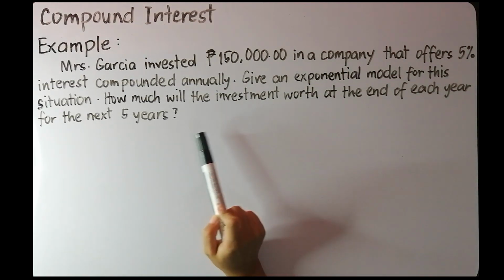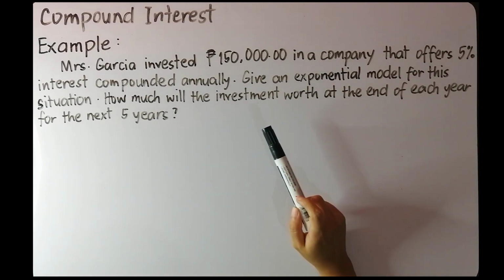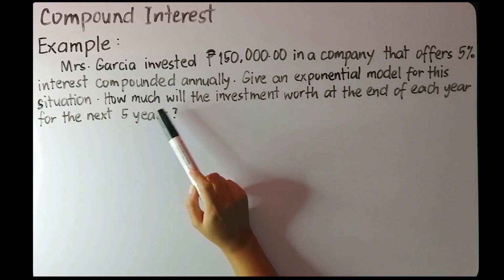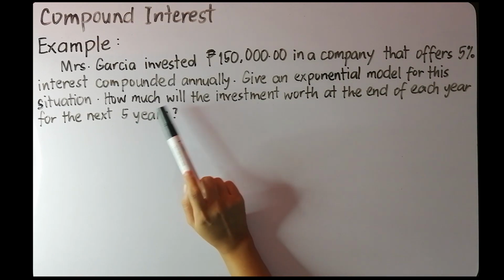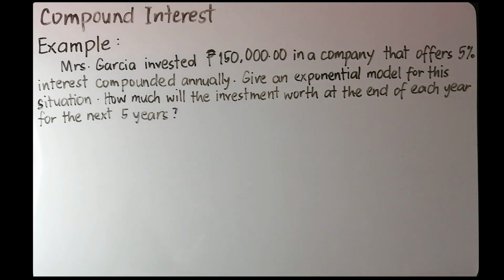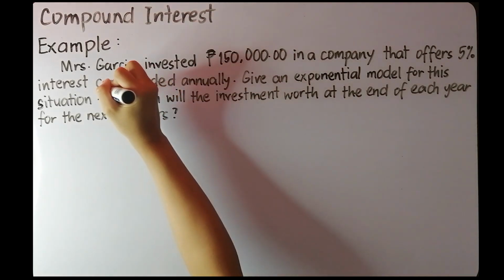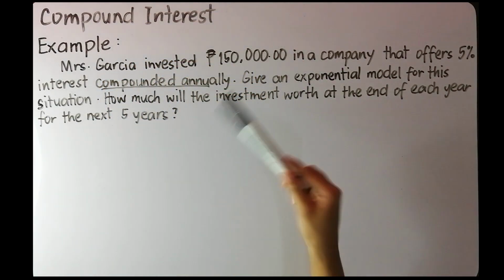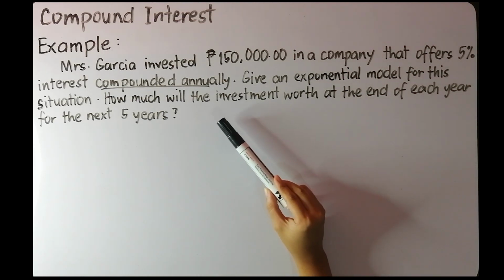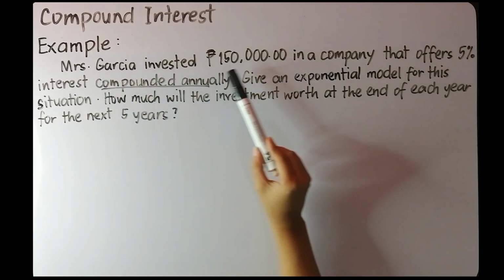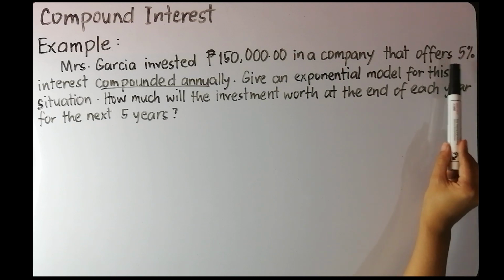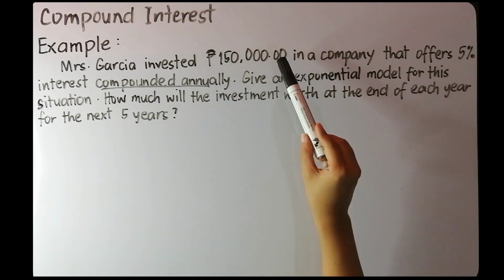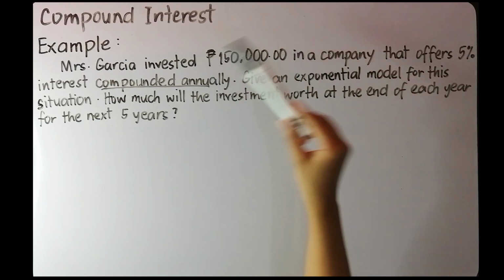This problem involves compound interest, and the hint is the term compounded annually. So every year, the investment of Mrs. Garcia will accumulate 5% of the investment or the principal value.